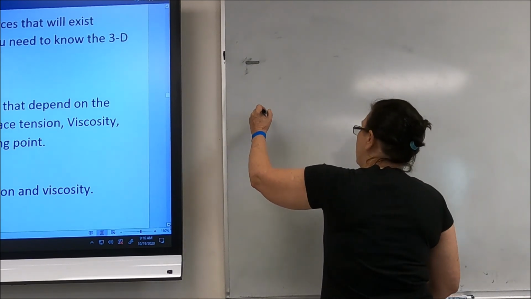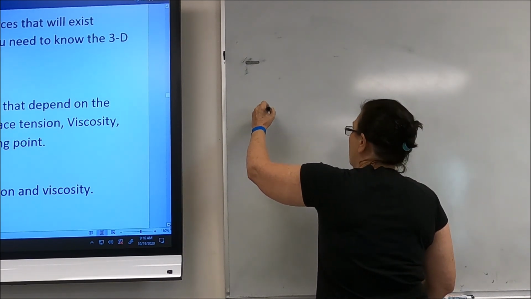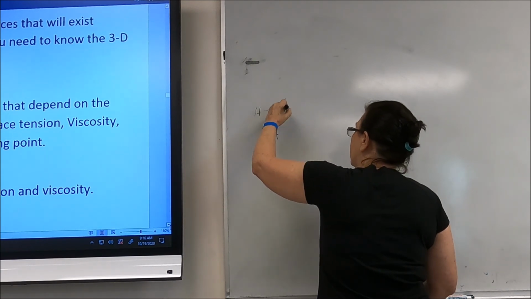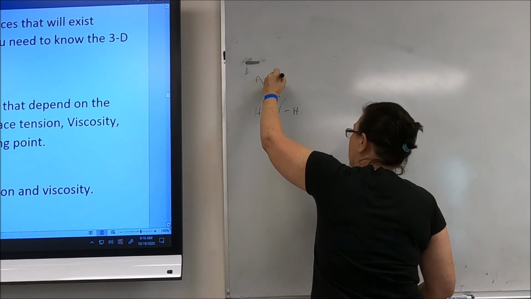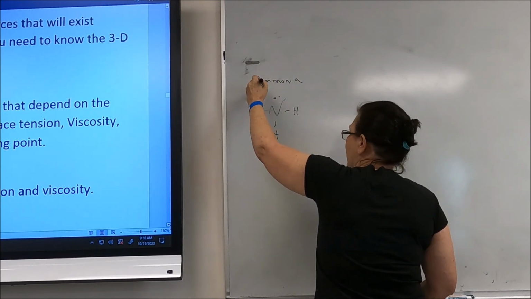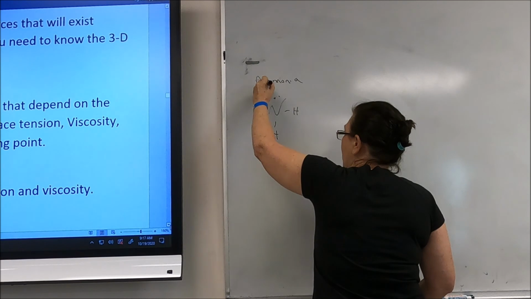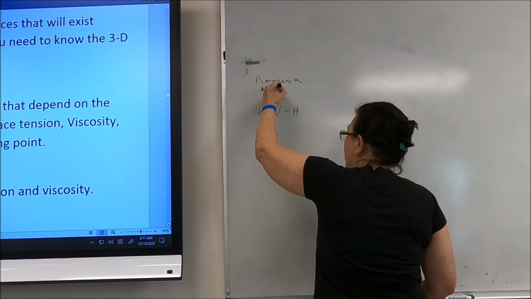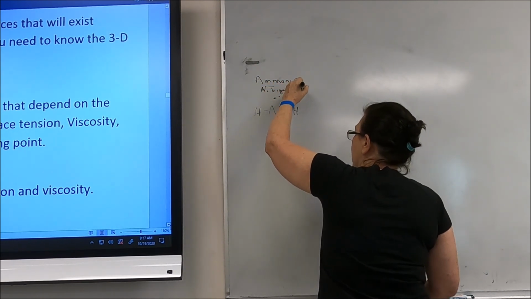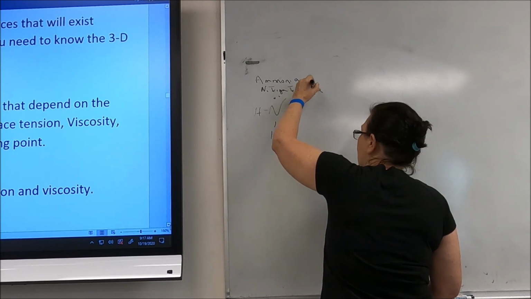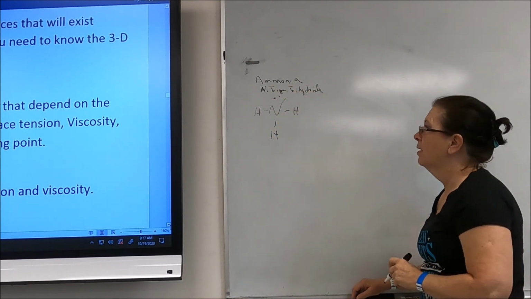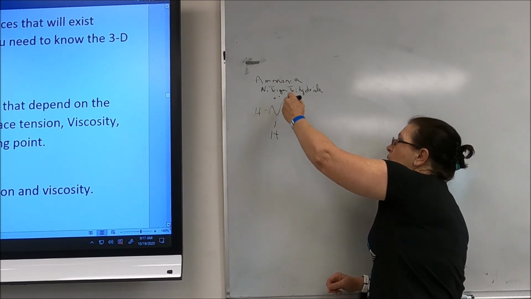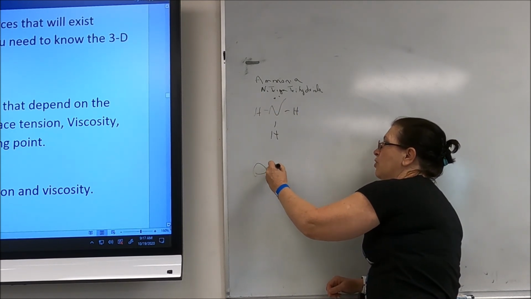Okay, if we were to look at ammonia, that's its common name. It would be nitrogen trihydride if we were using its systematic name. Now I know that everything's got a dispersion.